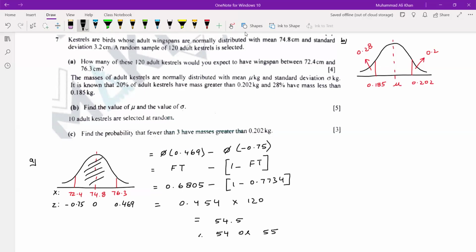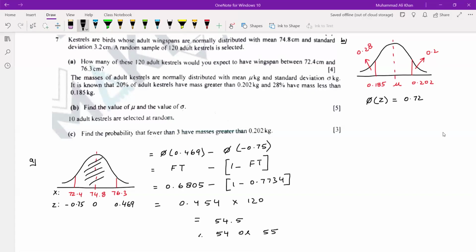For 0.28, this is less than the value 0.185. If the probability is less than 0.5, then subtract it from 1: 1 minus 0.28 is 0.72.